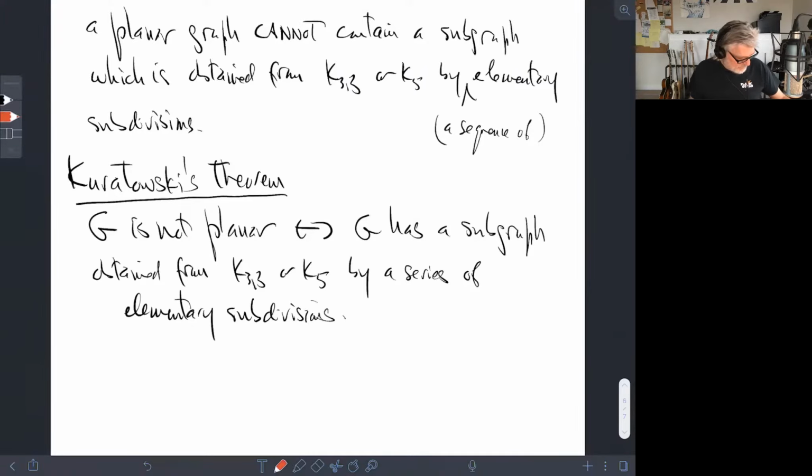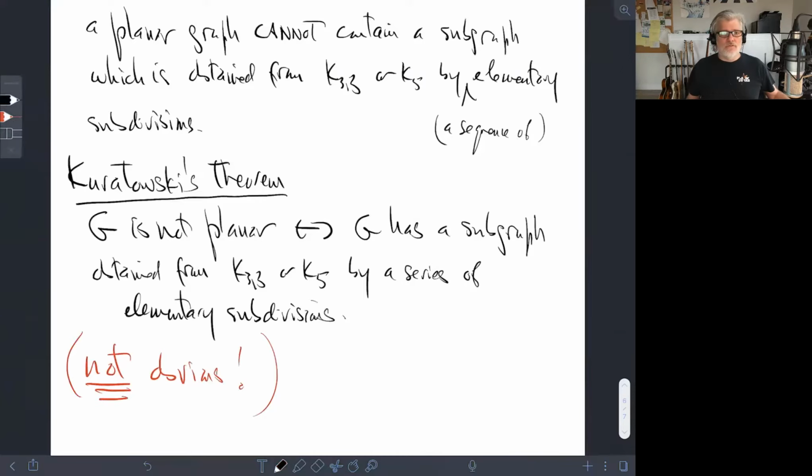This is not obvious. It's not obvious at all why this should be true. It's a very combinatorial proof, not a very exciting proof, but this is not obvious, okay? So basically what it says is, if you take a graph which is not planar, the reason why it's not planar is because inside somewhere there is essentially K33 or K5 hidden in there with subdivisions, okay?